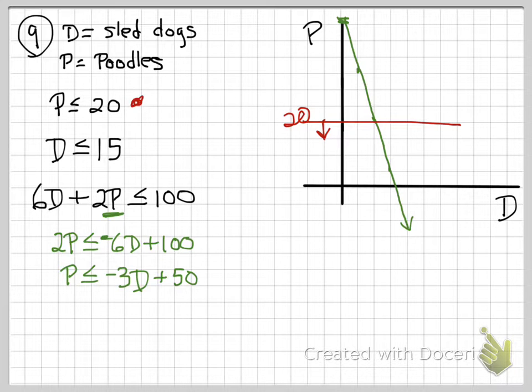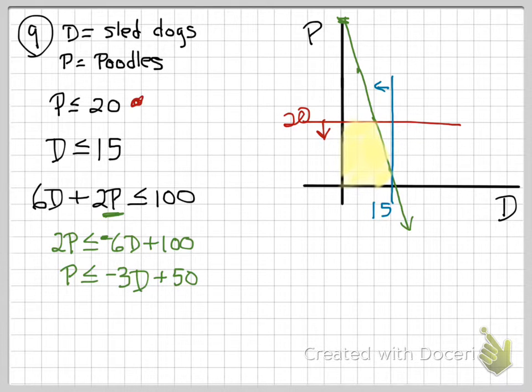And then, for my sled dogs, we want less than 15. Again, we counted by 5s. So we're going less than 15. So I'm going less than 20, less than the green line, less than that 15. So it's almost that square chopped off.